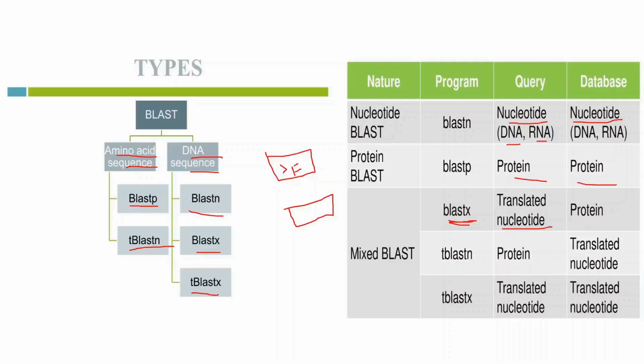This program converts the nucleotide into protein sequence by considering all six open reading frames, translates them into protein, and this protein sequence is then searched against the protein database. So your query sequence is nucleotide, but you are searching against the protein database. That is done by BLAST X.